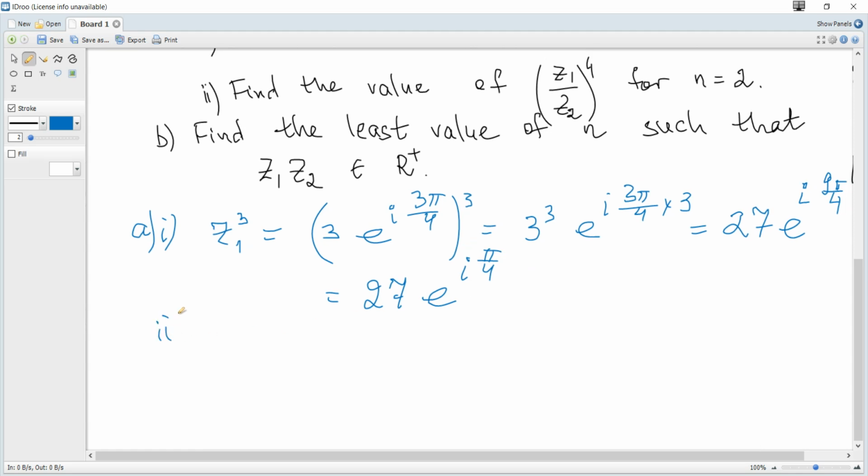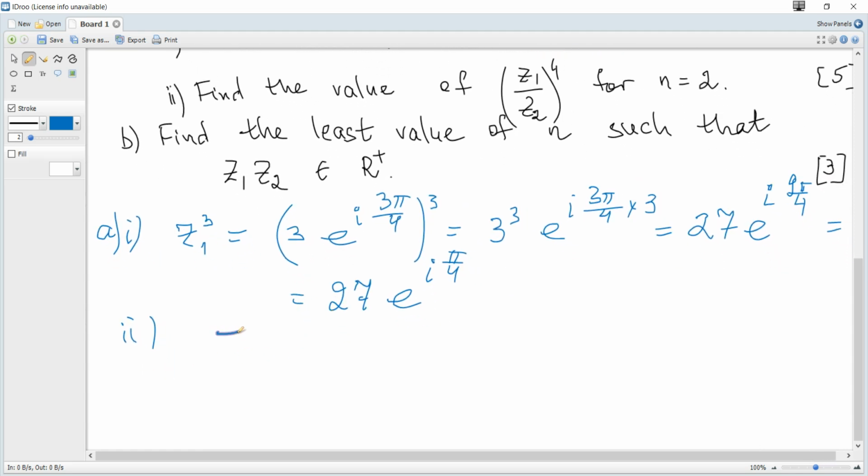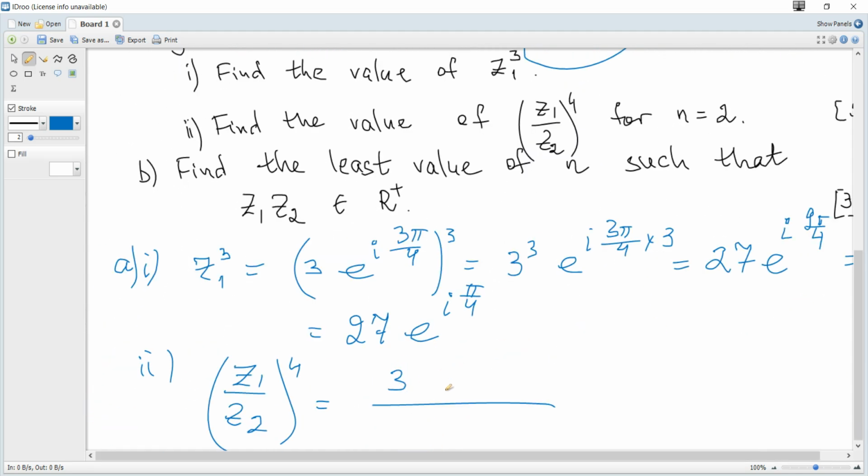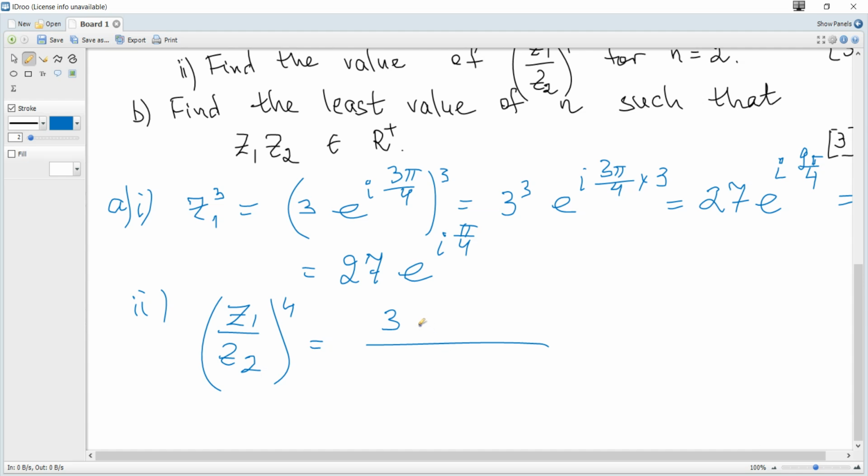The next, find the value z1 over z2 to the power of 4 when n is 2. So it becomes z1, what is z1? 3, but again I will use the Euler's form, the exponential form, because it will be more useful. So it's 3e to the power of i 3 pi over 4 divided by z2.